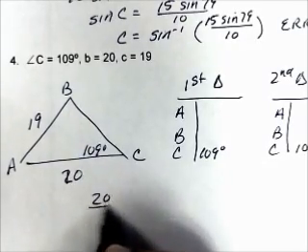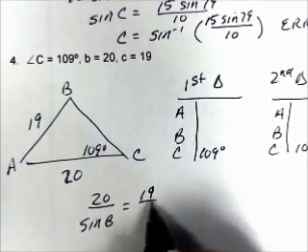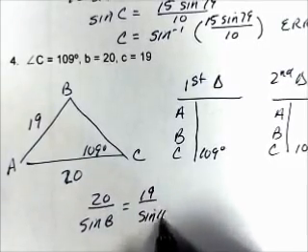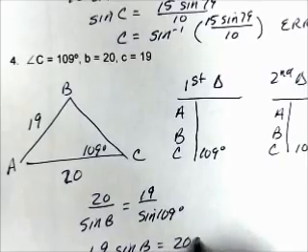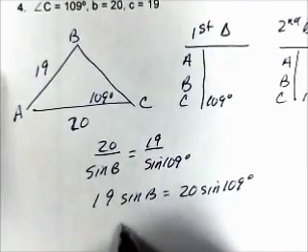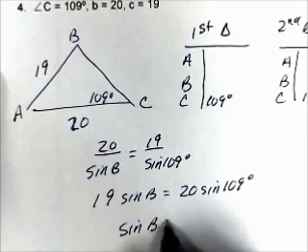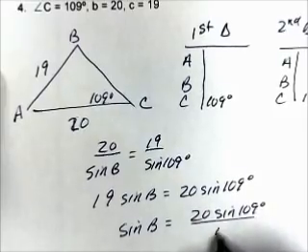So 20 over sine B is equal to 19 over sine 109. Cross multiply, 19 sine B equals 20 times sine 109. Divide by 19, sine of B is equal to 20 sine 109 divided by 19.